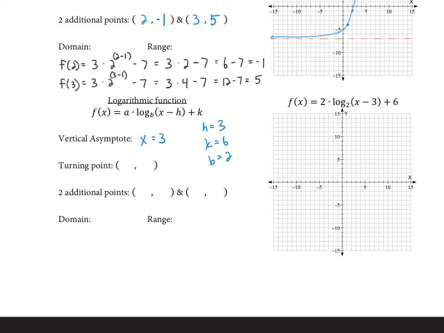So since h is 3, h plus 1 is 4, comma k is 6. Okay, and then for the two additional points, we'll plug in h plus b and then h plus b squared. So you can see h plus b, 3 plus 2 is 5. Okay, and since b squared is 4, 3 plus b squared is 3 plus 4, so that's 7.